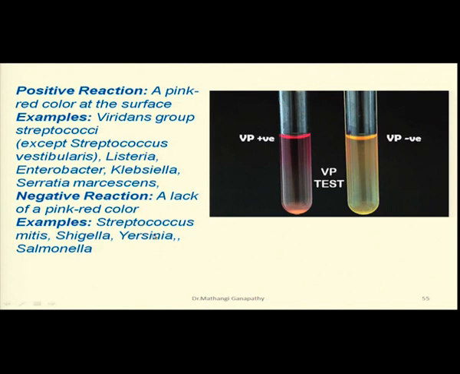Among streptococci, Streptococcus mitis shows a VP negative. So, Streptococcus viridans is positive, Streptococcus mitis is negative. So, among the streptococci genera itself, VP positive and negative test will indicate two different species. So, that specific identification would be possible by VP test.